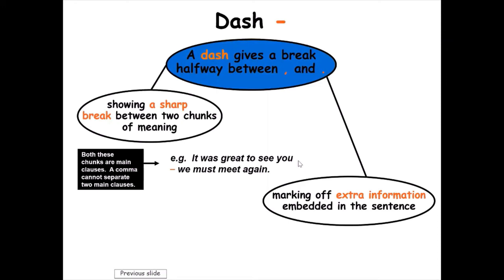We can also put a full stop here and start with a capital letter at we must meet again. But this is an alternative. We can also use a dash. Okay, but do not use dash if it is a very long sentence. But for short phrases, short sentences like this, you can use a dash.